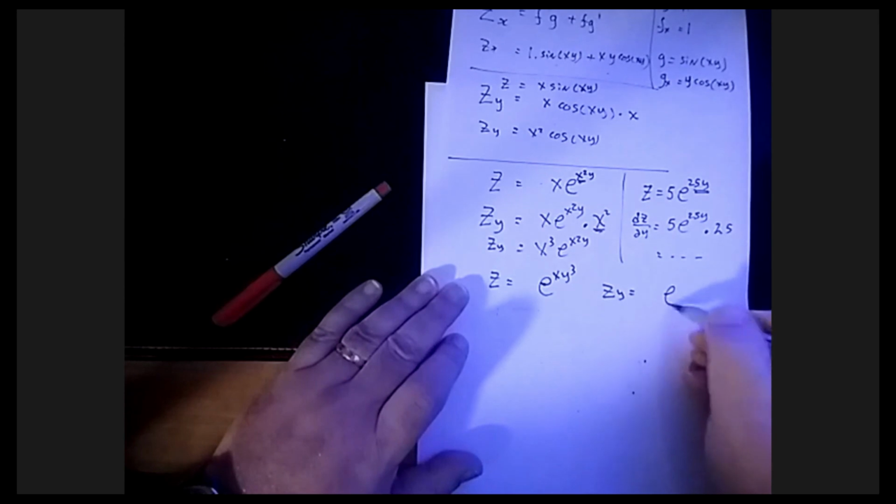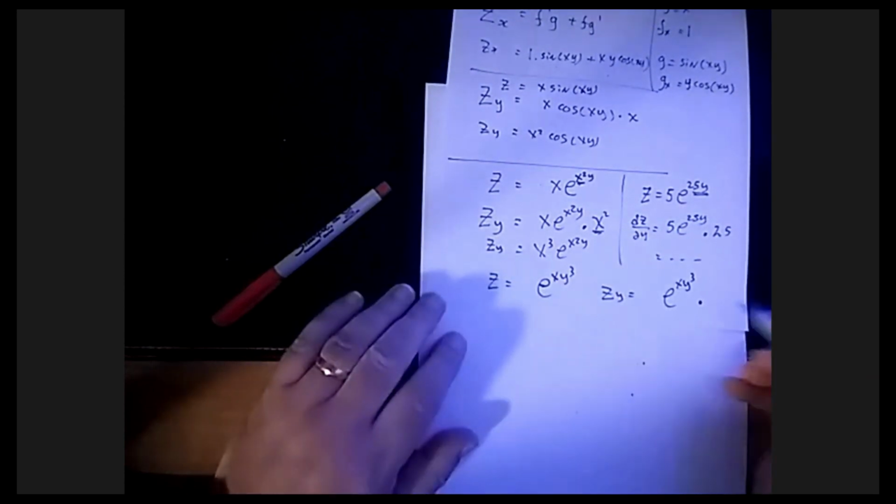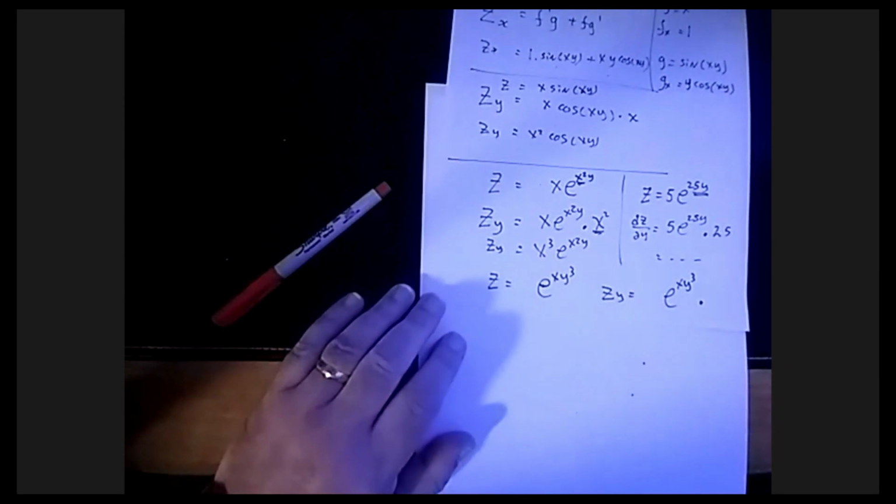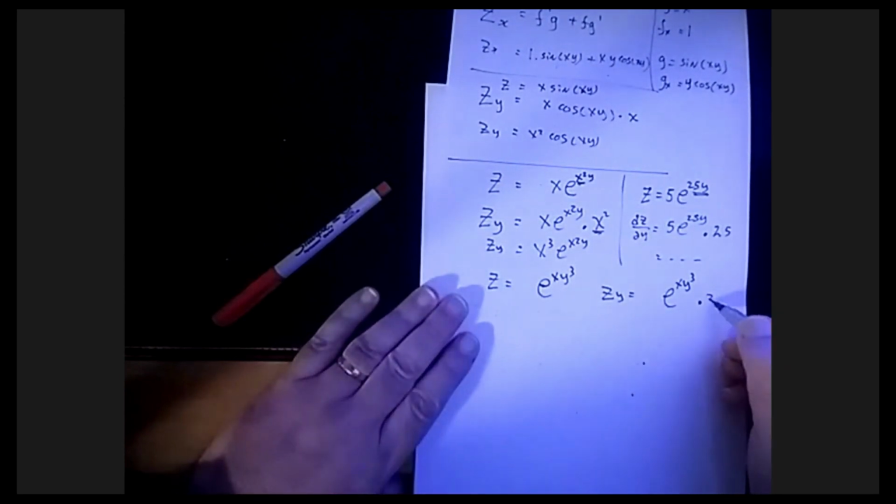It would be e to the xy cubed times the derivative of xy cubed with respect to y. Is that guy. Do you see you get a lot more than just the x? So that's a chain rule situation.